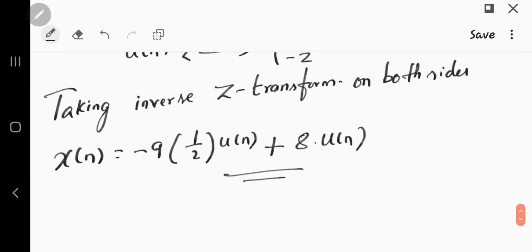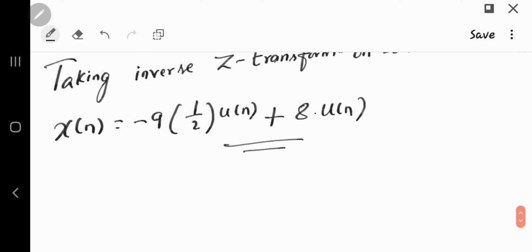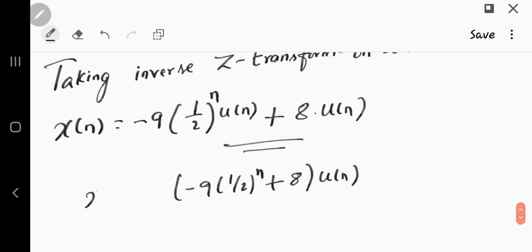So this is the inverse z transform of X of z. Or you can combine these two, like minus 9 into 1 by 2 to the power of n plus 8 into u of n. So this will be the final answer.